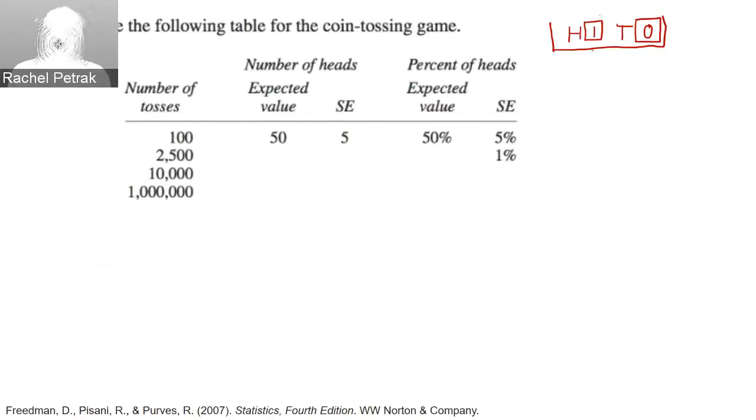But let's first look at how we can get our expected value of 50 heads, and 50 tails. And that's easy to see when we just have 100 tosses.